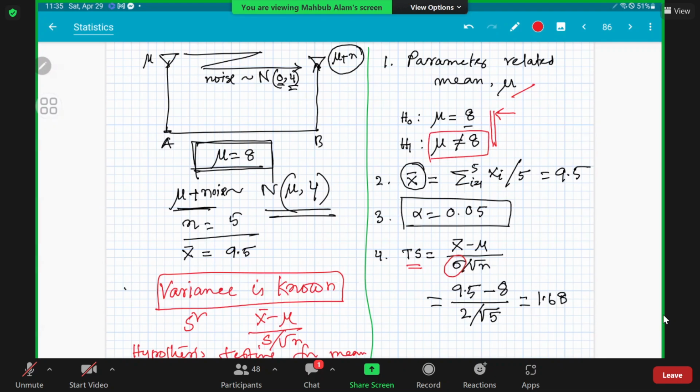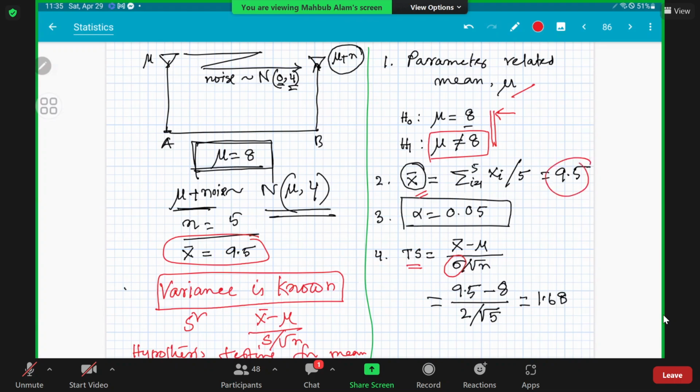Then we need to calculate the value of the sampling statistic X bar. In this case, it was given that after receiving 5 signals, the sample mean is 9.5. But you might have a problem where instead of the sample mean, you are given 5 values or 10 values. Then you need to calculate the sample mean.